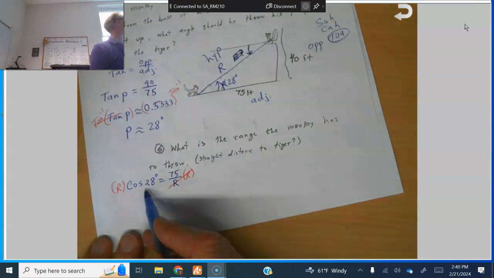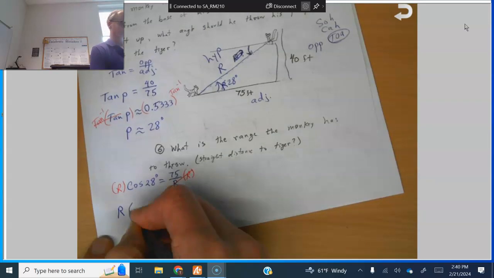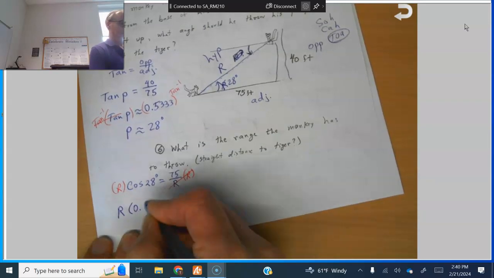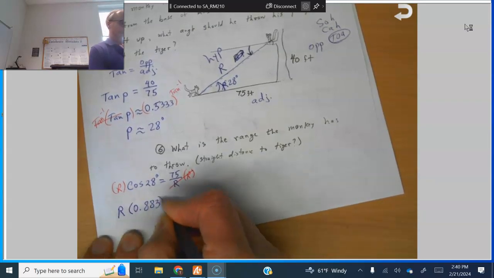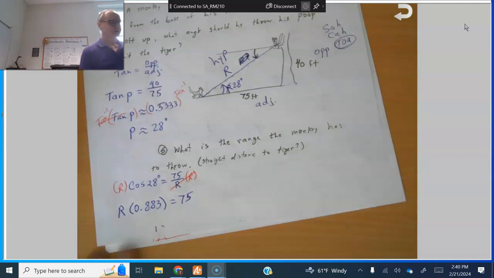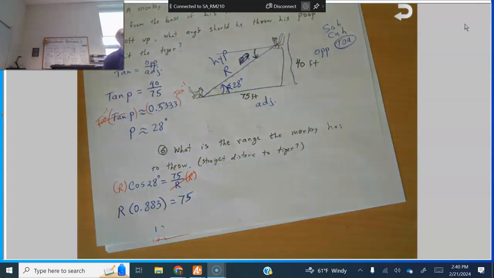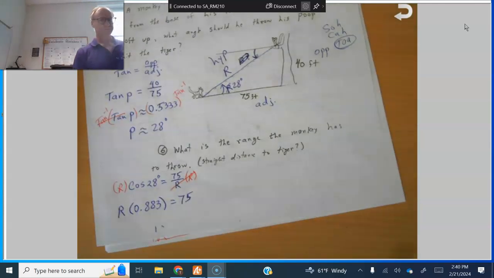Look up the cosine of 28, guys. So now, how am I going to solve it? What do I have to do now? Divide by what?